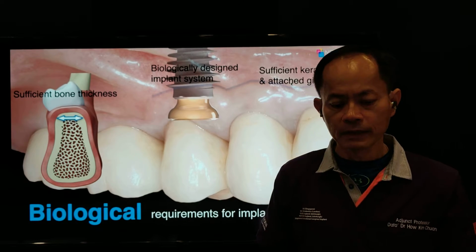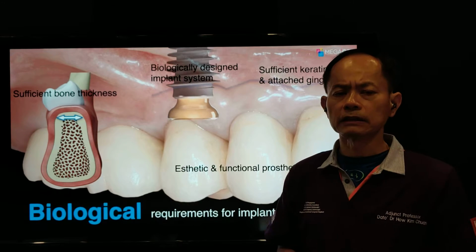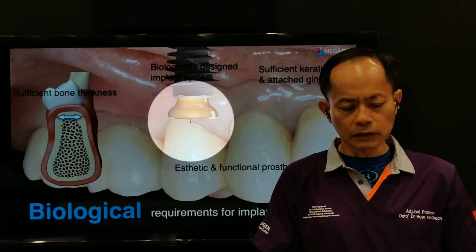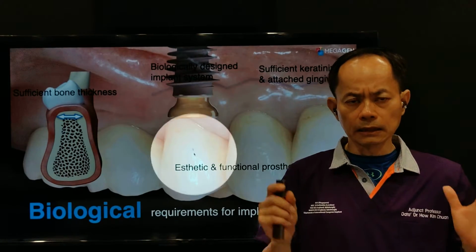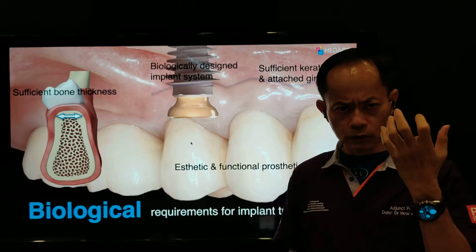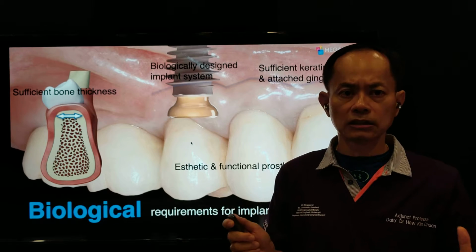So last but not least, having satisfied the first 3 factors, our challenge now is how do we restore the implant such that it looks just like what Mother Nature has given us, with good aesthetics as well as function, just like a natural tooth.